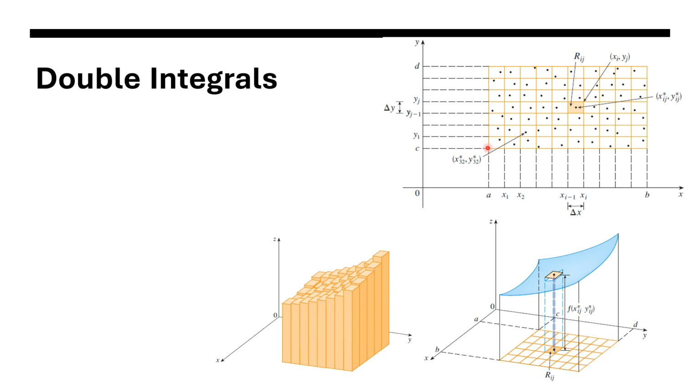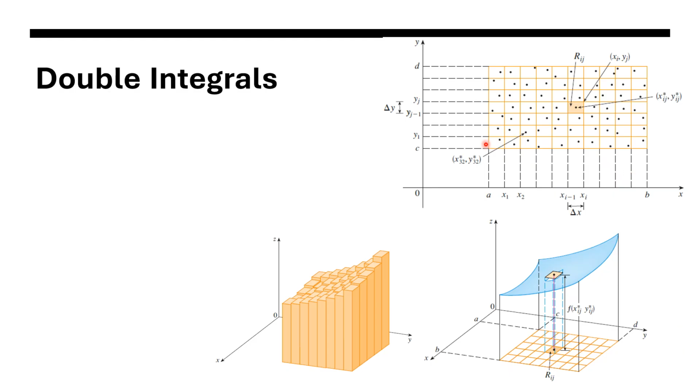So you have delta x equal to b minus a all over the number of intervals, let's say m.